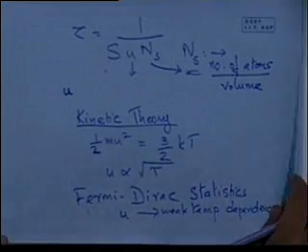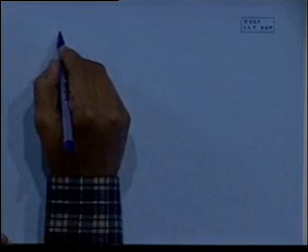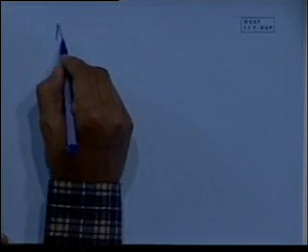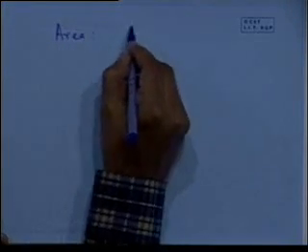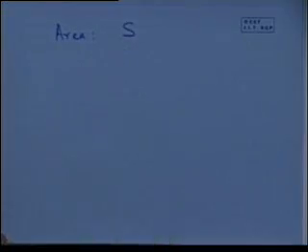So fundamentally then the question is, how does S change with temperature? Scattering is occurring from an area S. So now we want to know, how does this change?